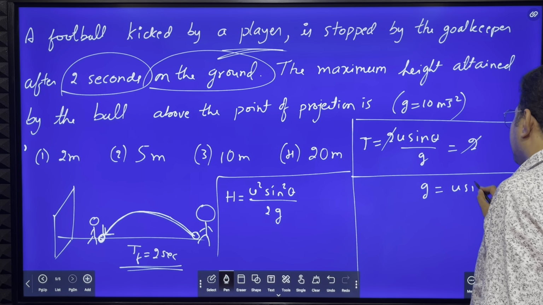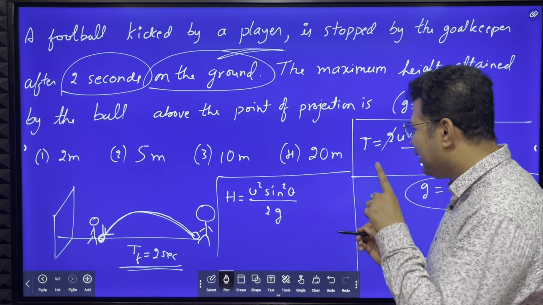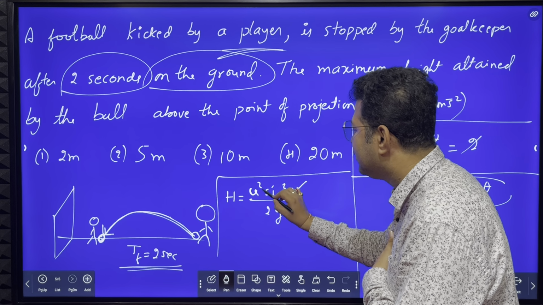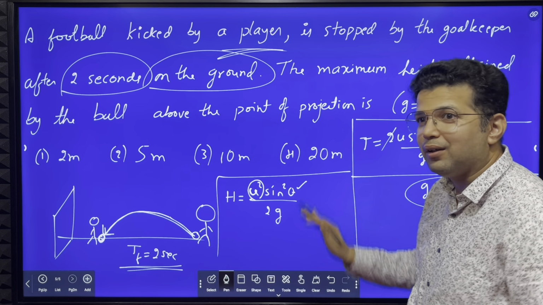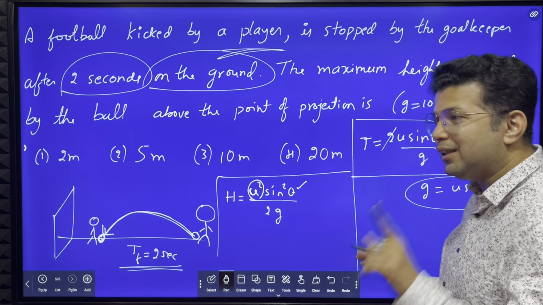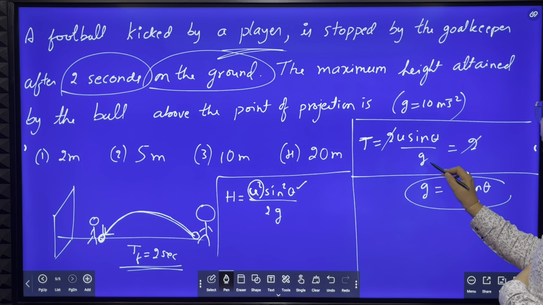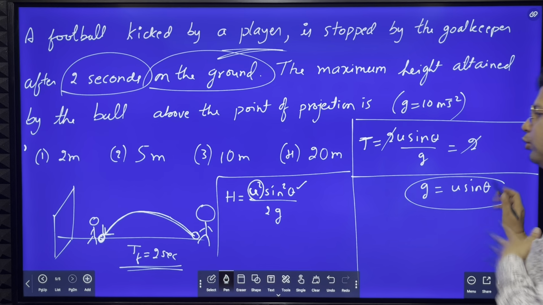u sin theta. To calculate maximum height, theta is required and u is required. But in this problem, theta is not given, u is also not given. But the hint is: time of flight is equal to 2u sin theta by g, which is equal to 2 seconds. So 2 gets cancelled, g equal to u sin theta.